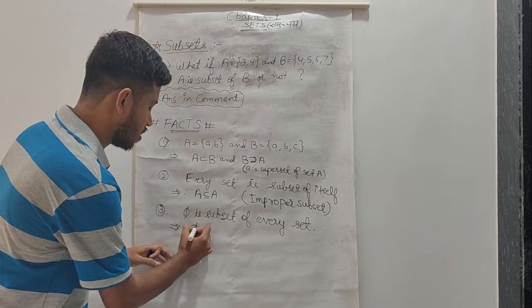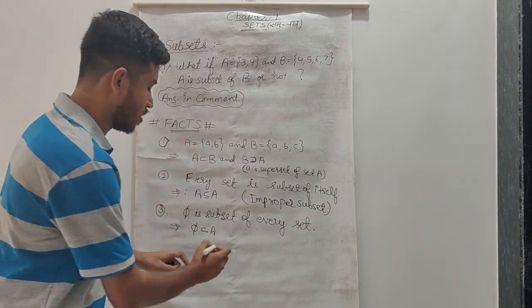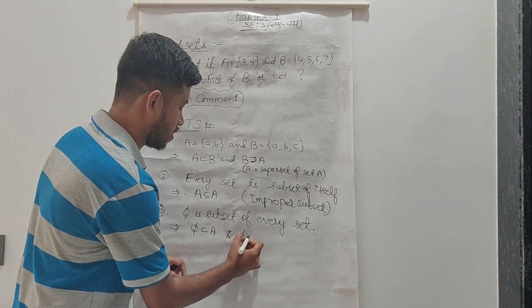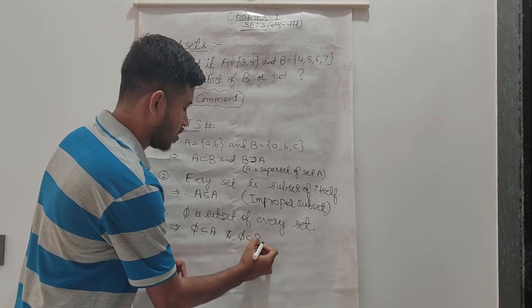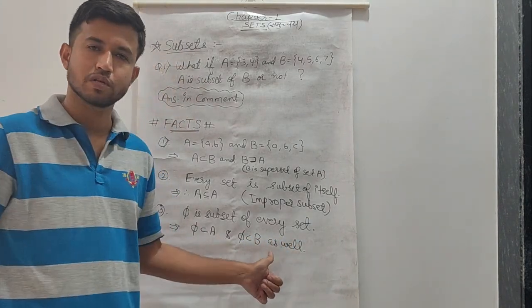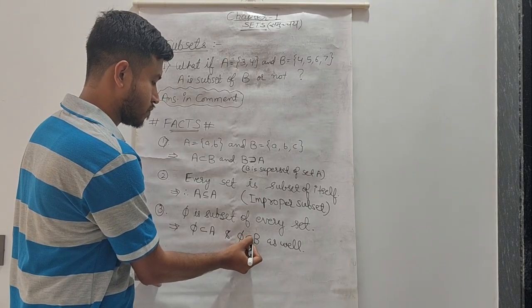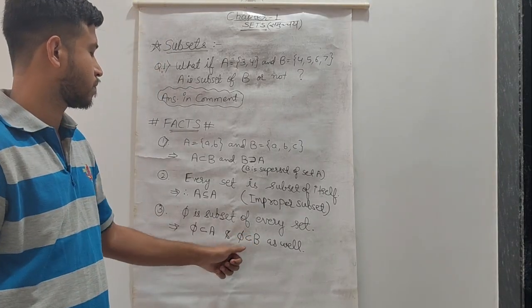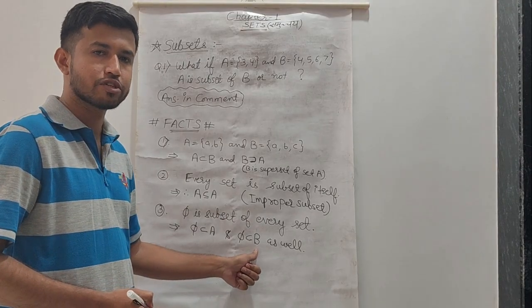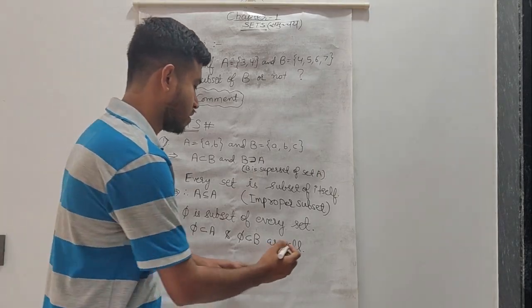Meaning phi is a subset of A, and phi is a subset of B as well. And which type of subset is this, proper or improper? This is a proper subset.